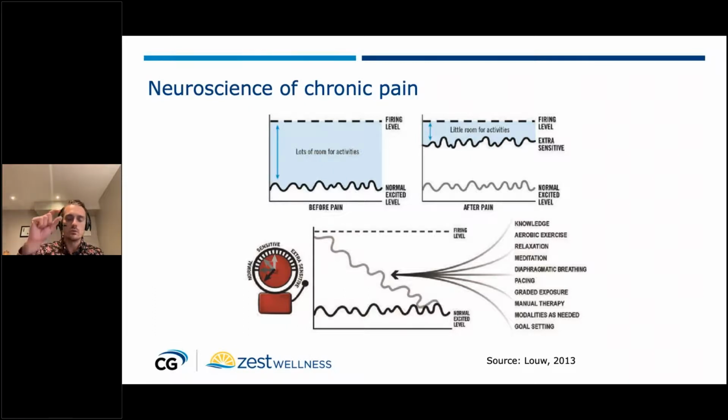And so what can we do to make our nerves less sensitive? That's why there's things like, of course, exercise, but also relaxation, meditation, and these different types of lifestyle changes that go into wellness that we can do to help our nerves become less sensitive and increase the buffer room.